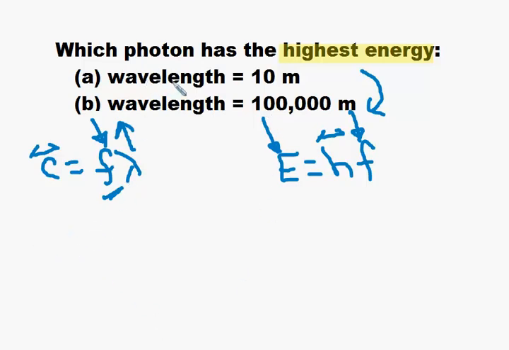Therefore, which photon has the highest energy? The 10-meter wavelength photon has the highest energy, because if we go from 10 meters to 100,000 meters, the frequency and energy went down. So this one has the lowest energy.